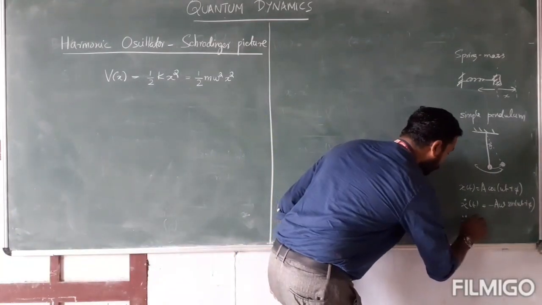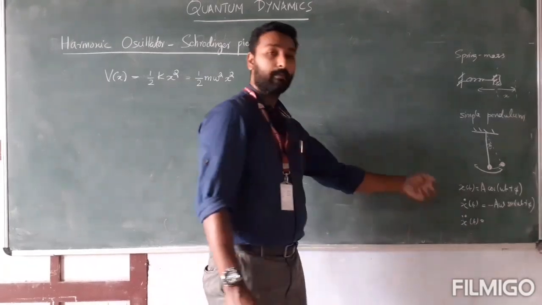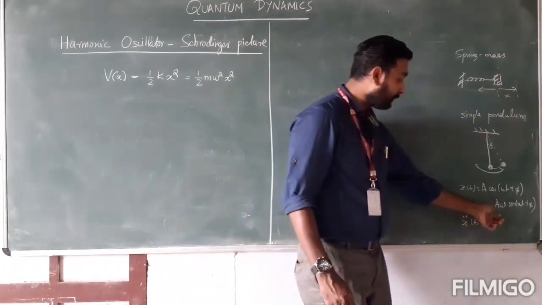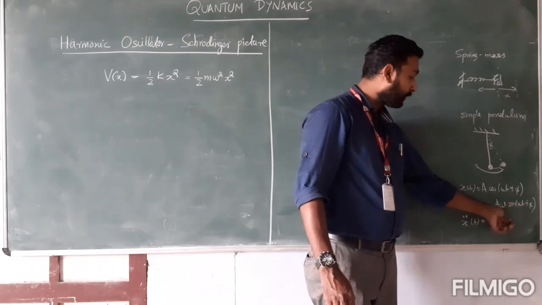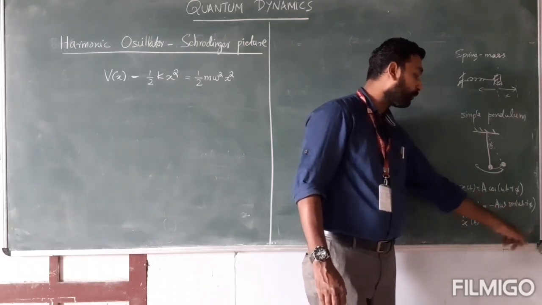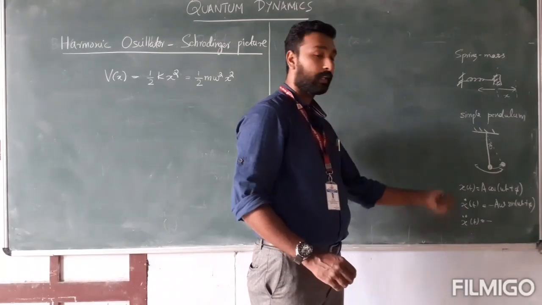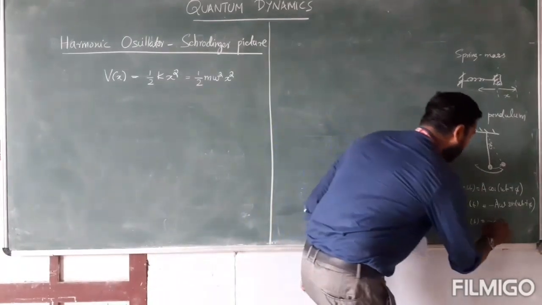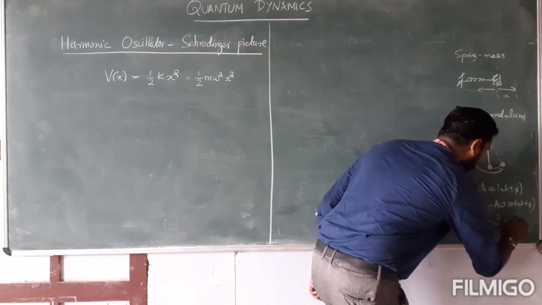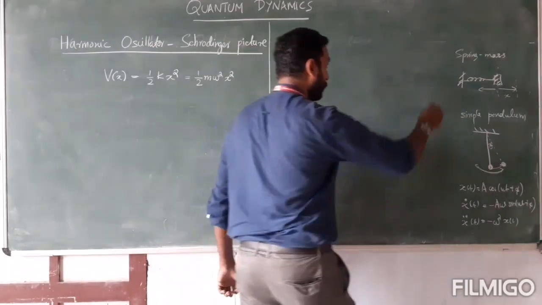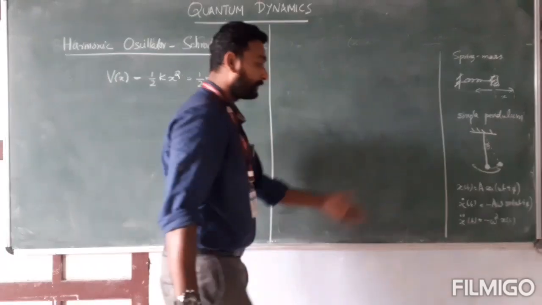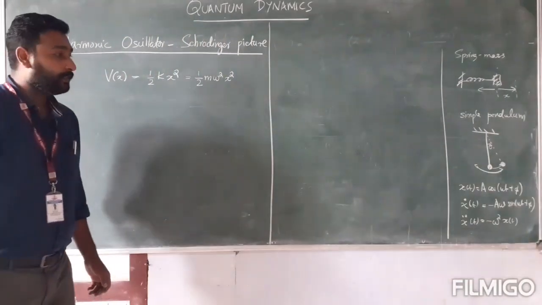Differentiating with respect to t again, you get again an omega, so it becomes omega square and sine becomes cos. So this will be minus omega square a cos of omega t plus phi, and that will be minus omega square x of t. So that is what is called the acceleration.